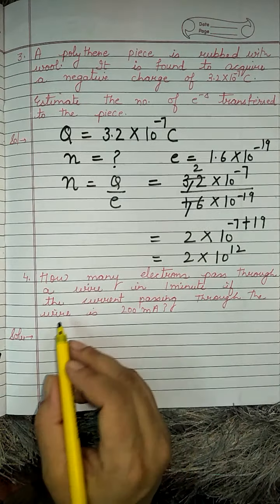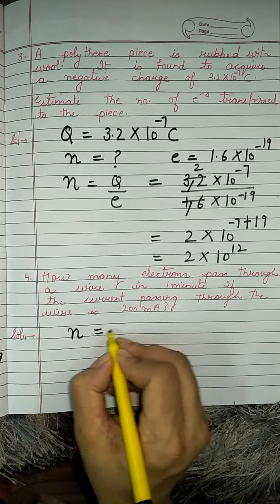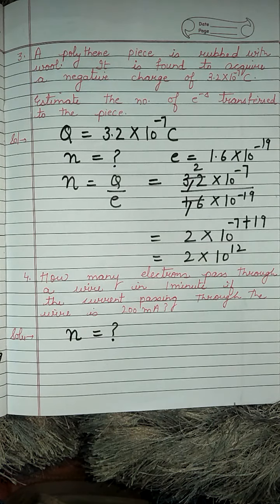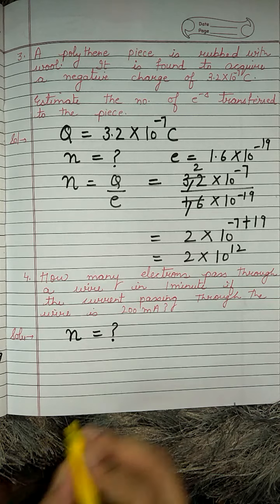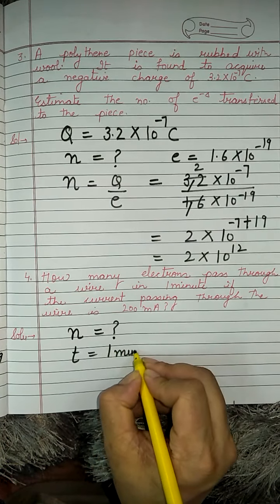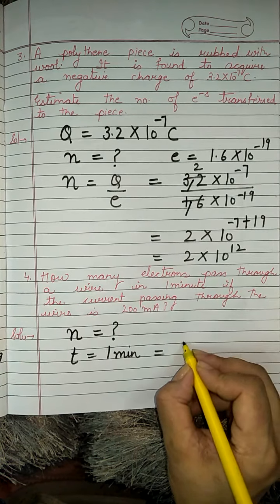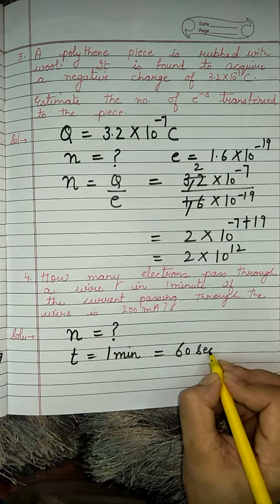Now the last question for today. Just see how many electrons. Again the number you want to find out. How many electrons pass through a wire in 1 minute? Time is given, 1 minute. As we mainly follow the SI system, it will be 60 seconds.